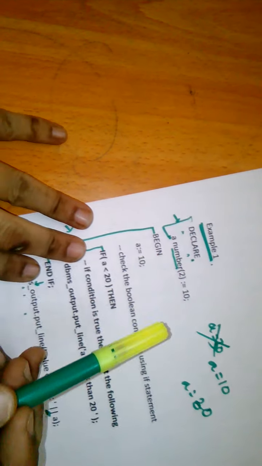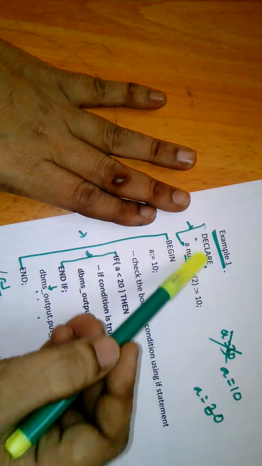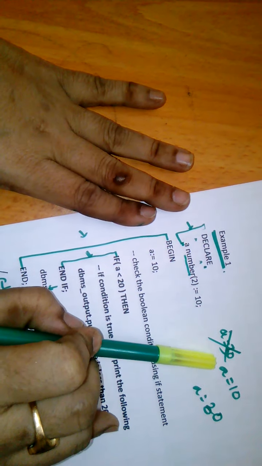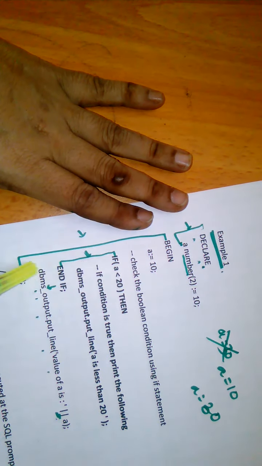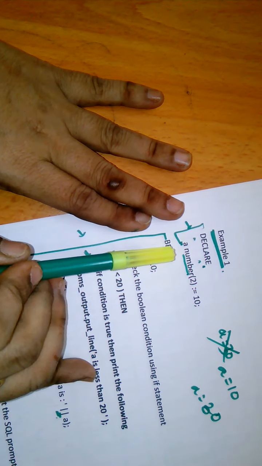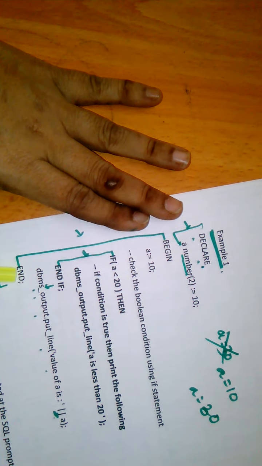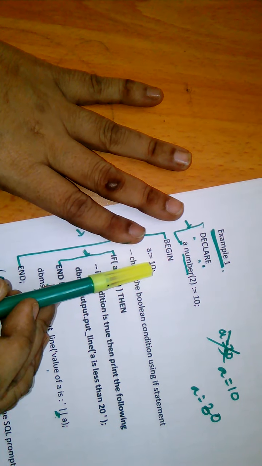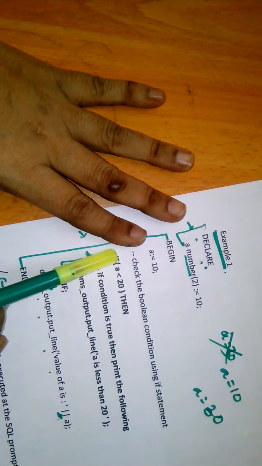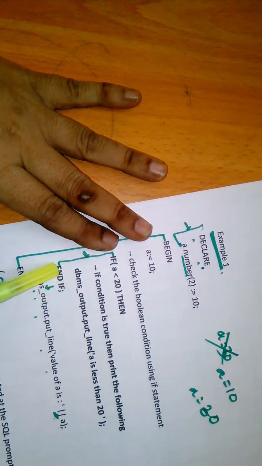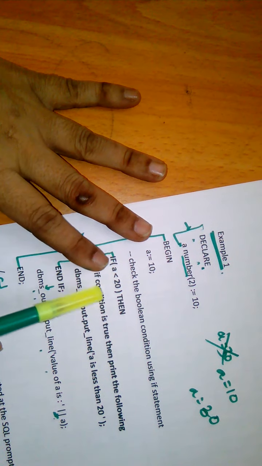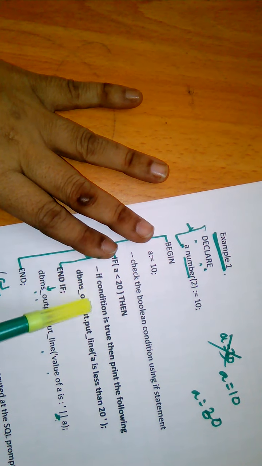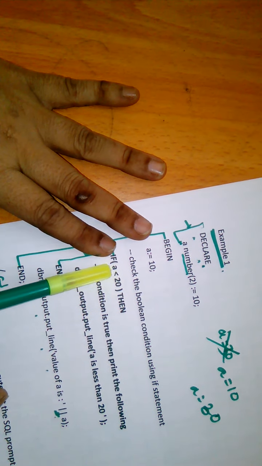Next, this is the end of the declaration and the beginning of the executable section. This is the if block, where we execute a statement based on conditional checking.